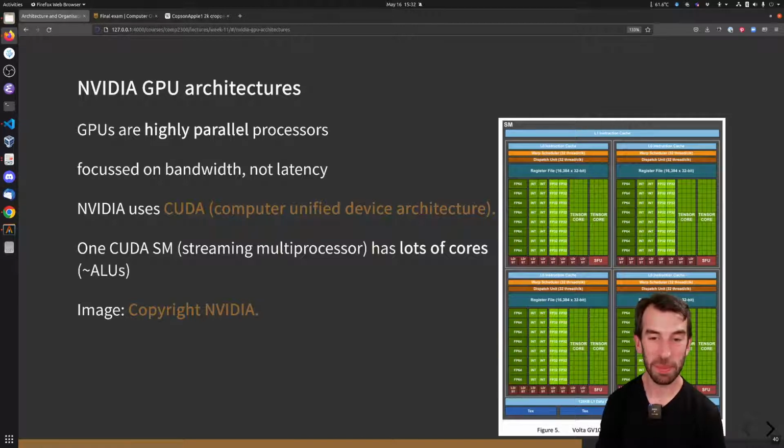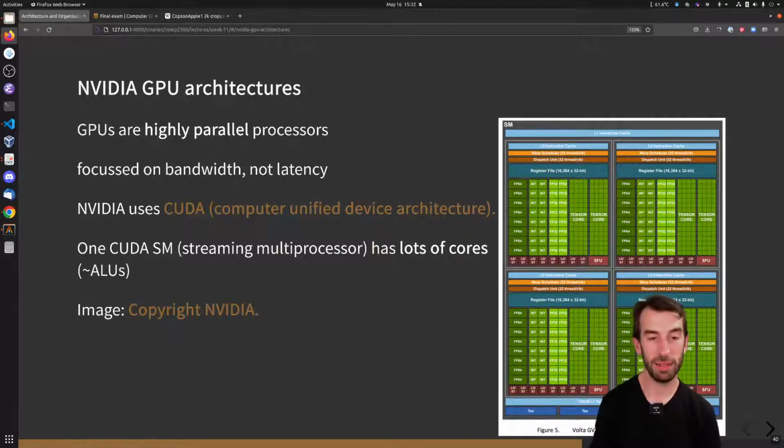The idea with a GPU, inside these NVIDIA architectures, I don't really know anything about the AMD GPU architectures, or indeed the ARM GPU architectures that are in phones and switches and other things, but there's a lot of info about NVIDIA CUDA stuff, and you might study it if you go and study parallel or high performance computing.